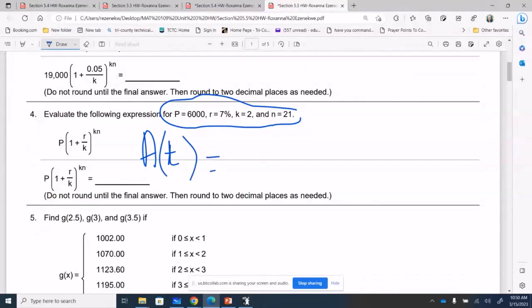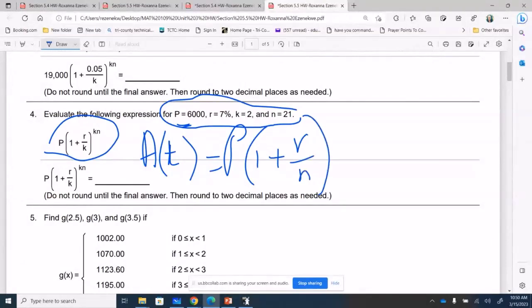Find the future value when the principal is 6,000. So I will plug in. Remember, this is the formula I just talked about, and they can use any variable to talk about it. So this is the formula; they use k, and then this is kr. Doesn't matter which.